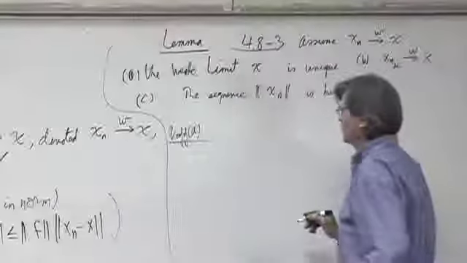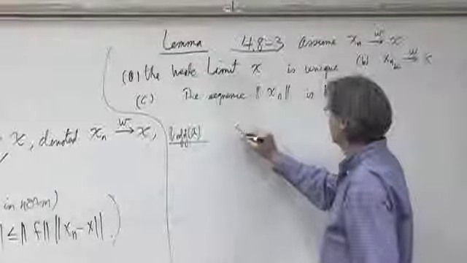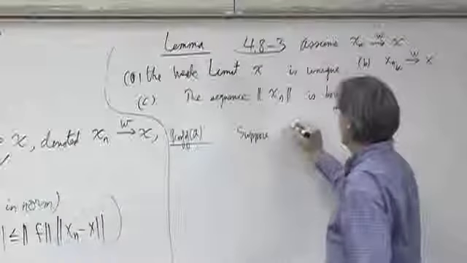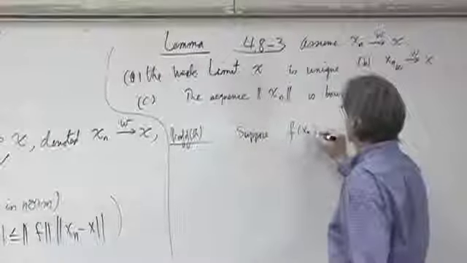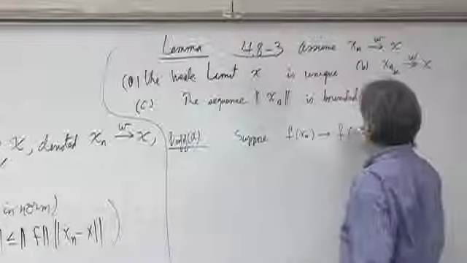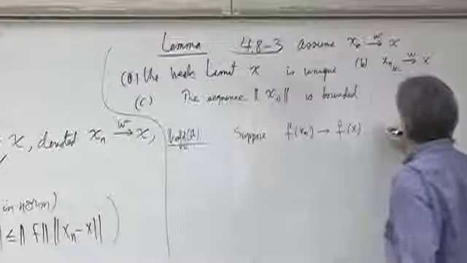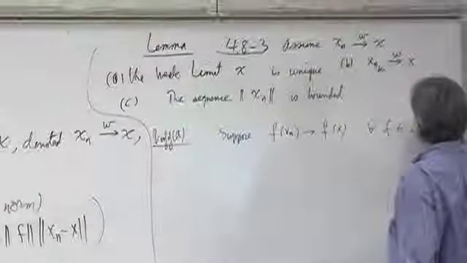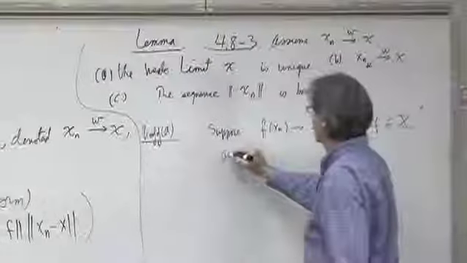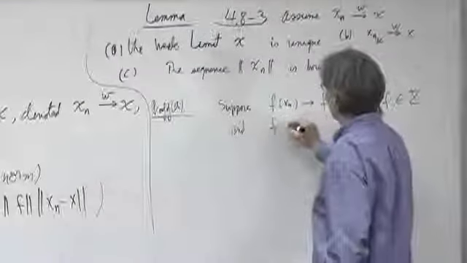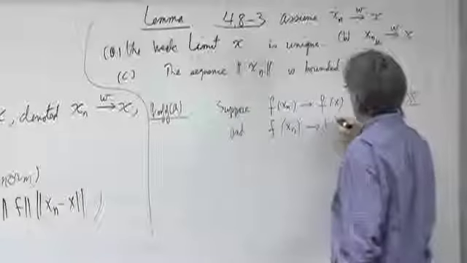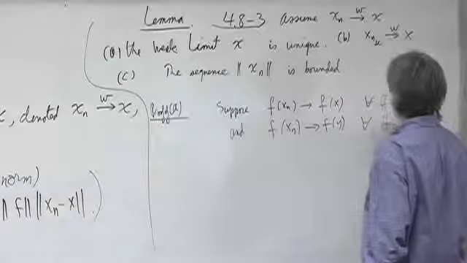The limit is unique. Well, suppose there's two limits. Suppose f(x_n) goes to f(x) for all bounded linear functionals, and f(x_n) goes also to f(y) for all f in X prime.